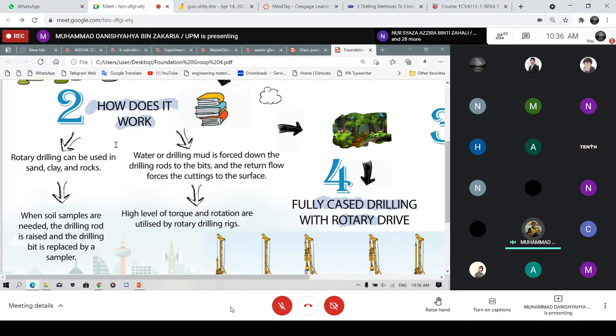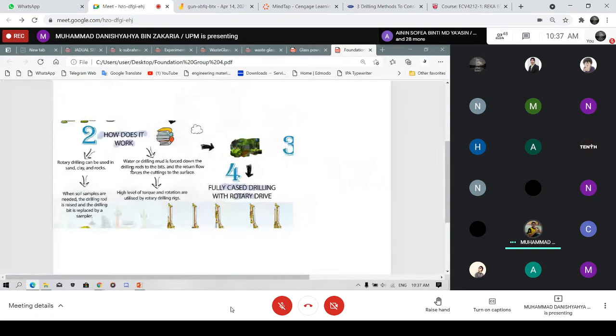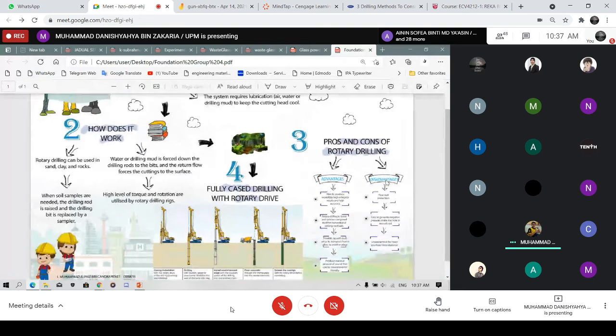Second, water or drilling mud is forced down the drilling rods to the bit and the return flow forces the cuttings to the surface. How does it rotate? A high level of torque and rotation are utilized by the rotary drilling rigs. When soil samples are needed, the drilling rod is raised and the drilling bit is replaced by a sampler. So if you want soil samples, we need to use a sampler to obtain them. I would like to pass to my friend to explain his part.